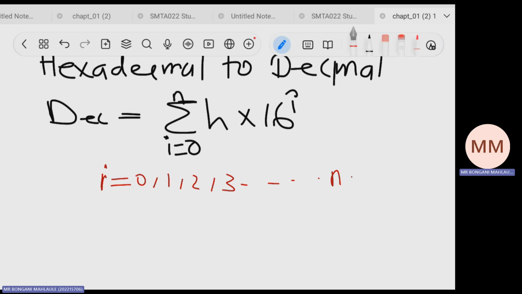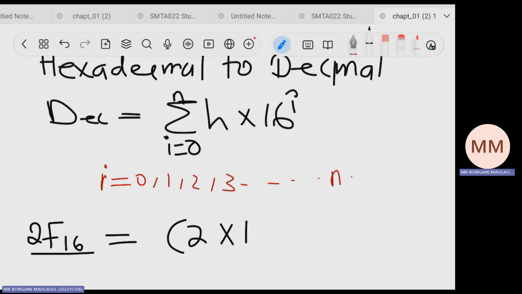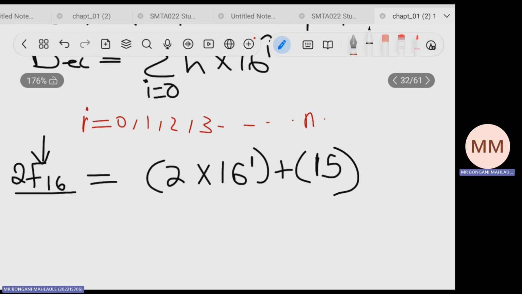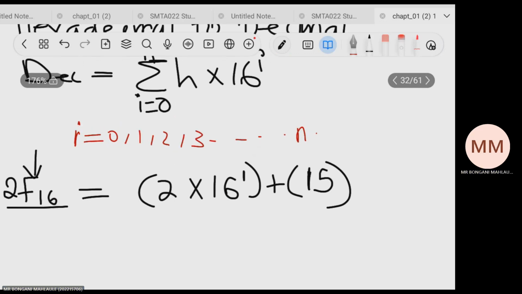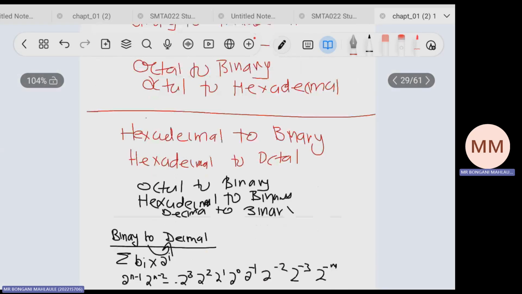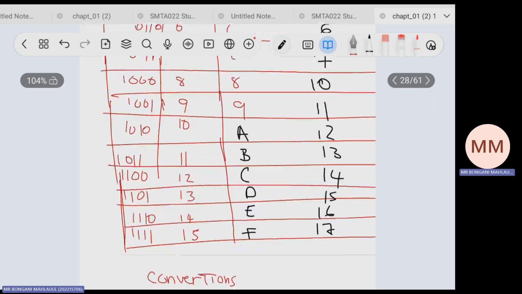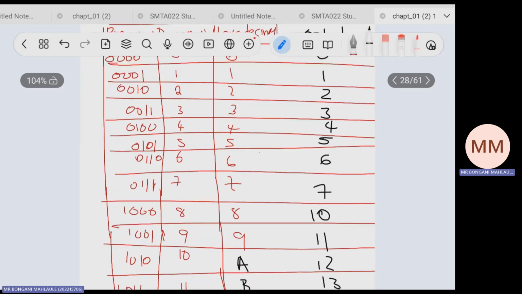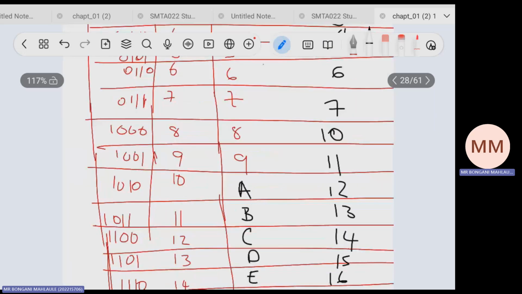So the way we were doing, meaning if you are having 2F base 16, this is a hexadecimal. This will be 2 times 16 to exponent 1. Then this one is 15, right? In the table, our F is equal to 15 in decimals.